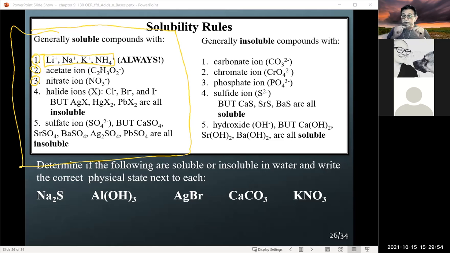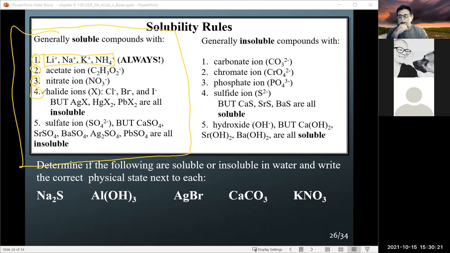Any cation, just like the acetate ion, bonded with the nitrate ion is soluble, 100%. So copper acetate, soluble, lead nitrate, soluble, etc. The moment you see acetate or nitrate, regardless of what the plus part is, it is soluble.